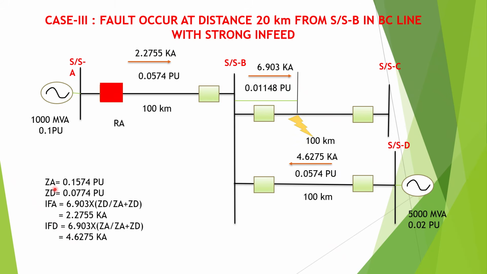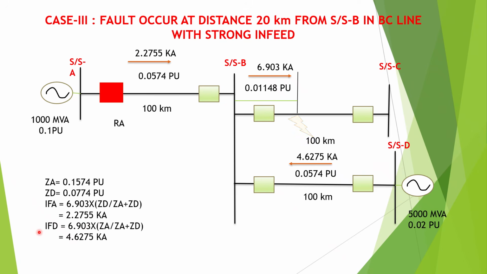Now, since ZA is equal to 0.1574 per unit and ZD is equal to 0.0774 per unit, the fault current contribution from substation A end will be the fault current into ZD divided by ZA plus ZD, which is equal to 2.2755 kiloampere.